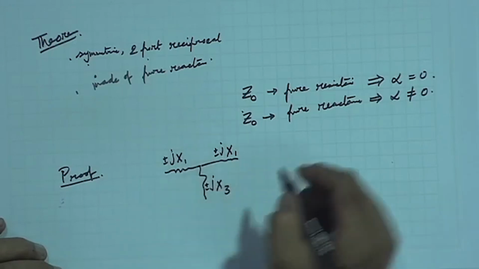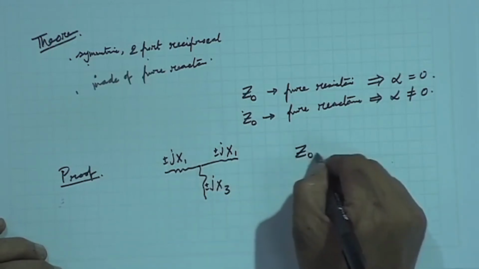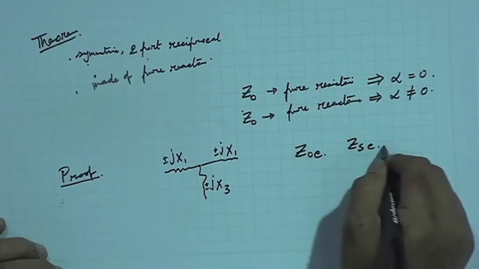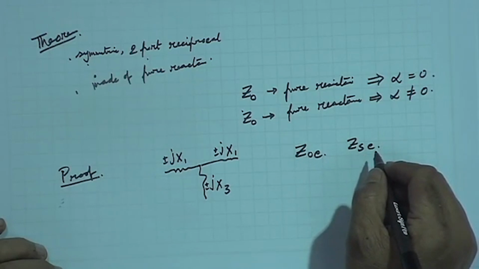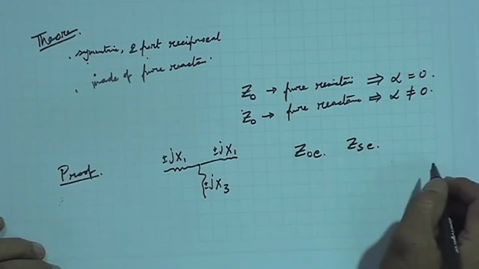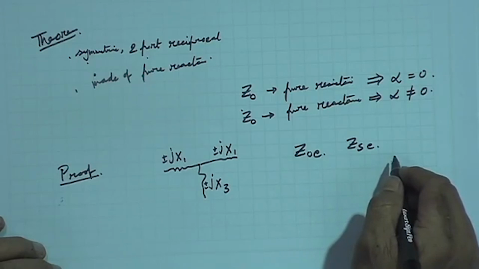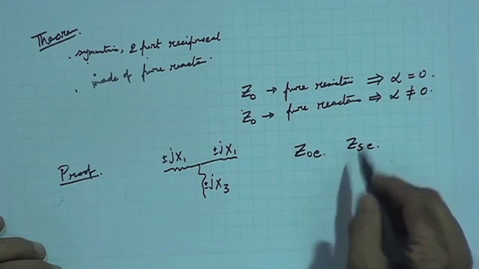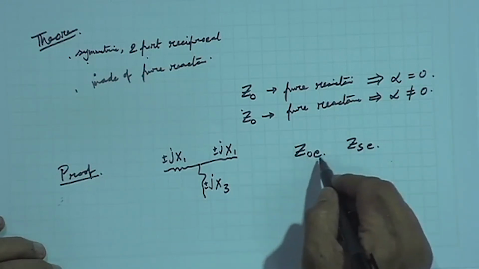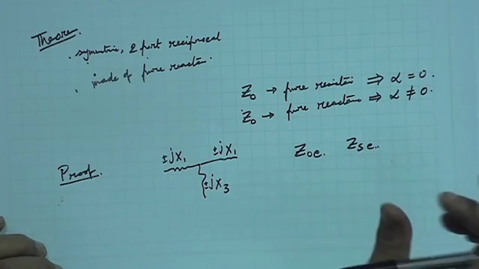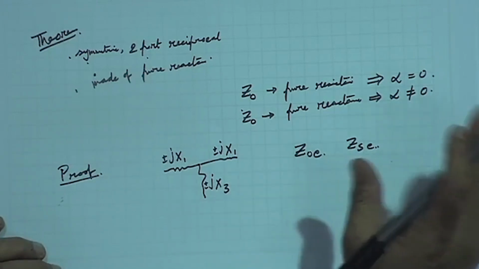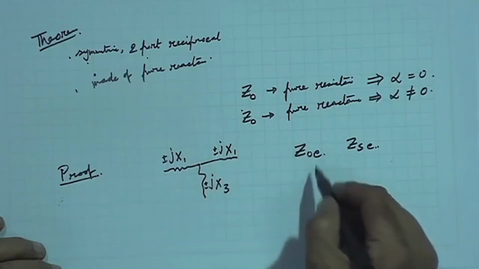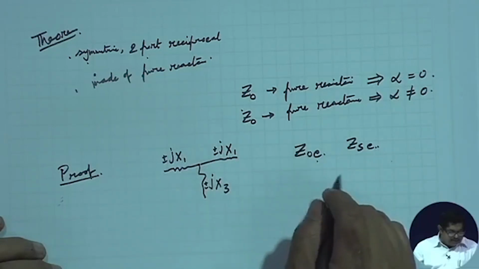So, if this is the case, then can I say that ZOC and ZSC, which we already saw, are also pure reactances. We have seen that Z0 is equal to root over ZOC into ZSC. So, open circuit and short circuit cases, because we have seen there are various combinations of these, they will also be pure reactances.